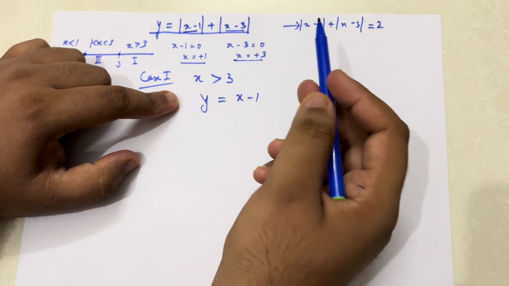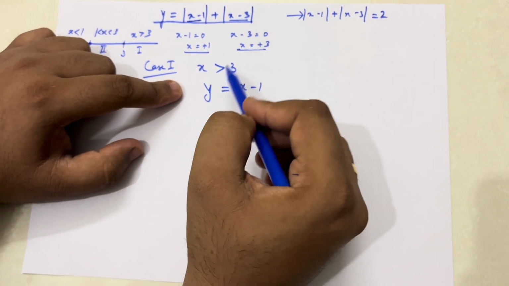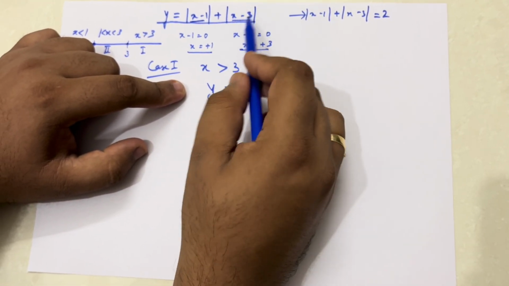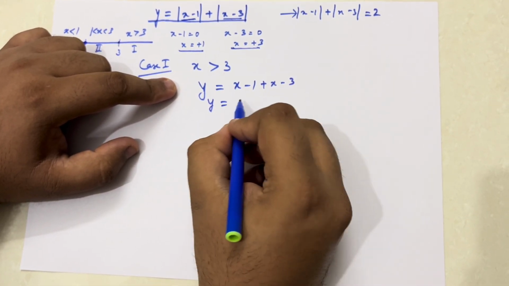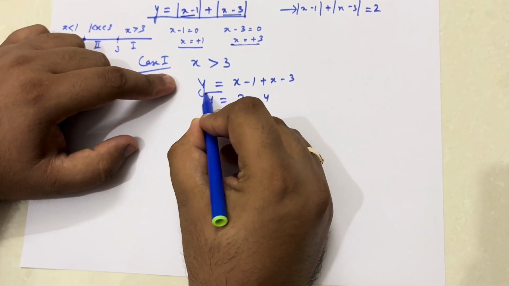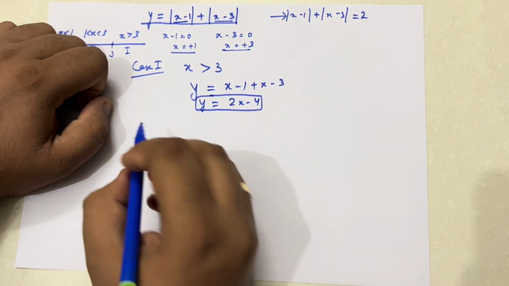Then mod x minus 1: if x is greater than 3, this part is also positive. So this becomes x minus 3. So y equals 2x minus 4. This is the equation when x is greater than 3.